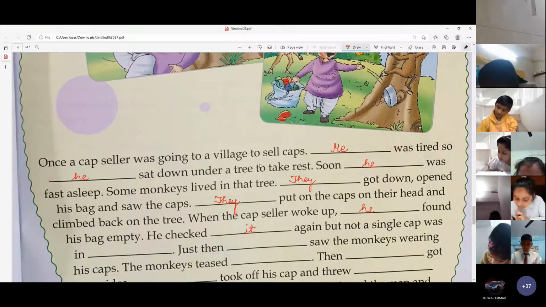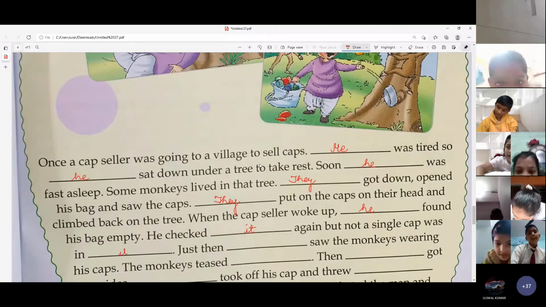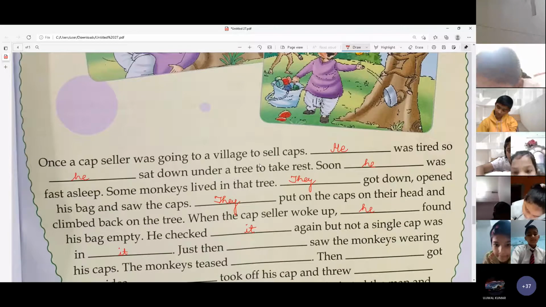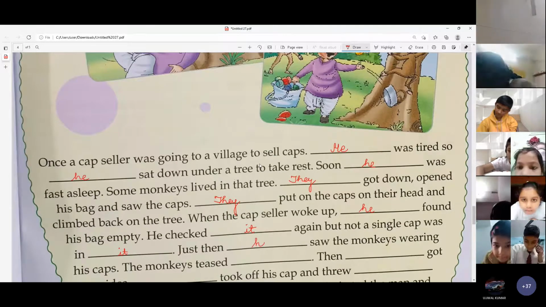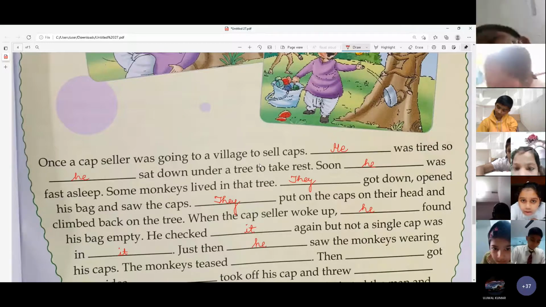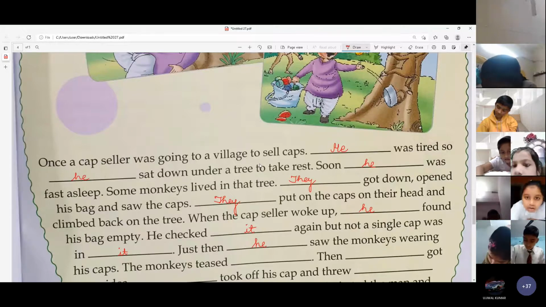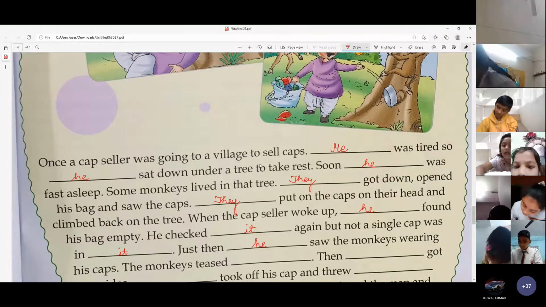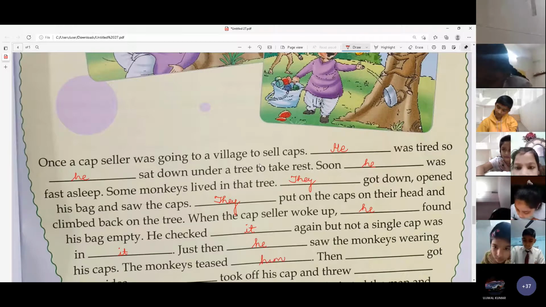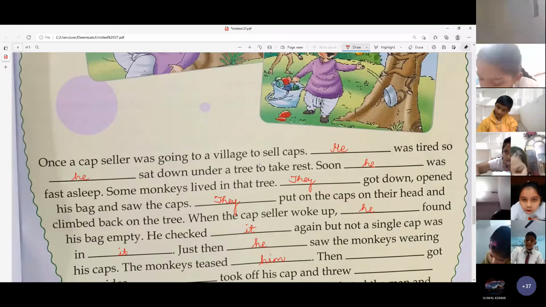Not a single cap was in it. Ma'am, because pronouns fill करने हैं आपको in it. Just then he saw the monkeys wearing his caps. The monkeys teased him. Isn't it an interesting story?